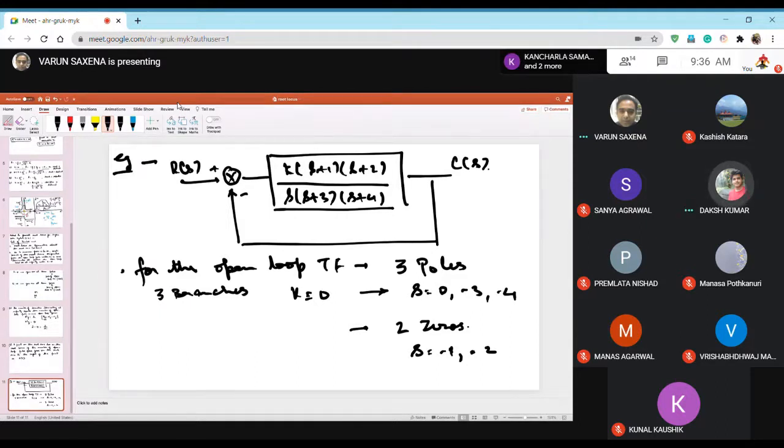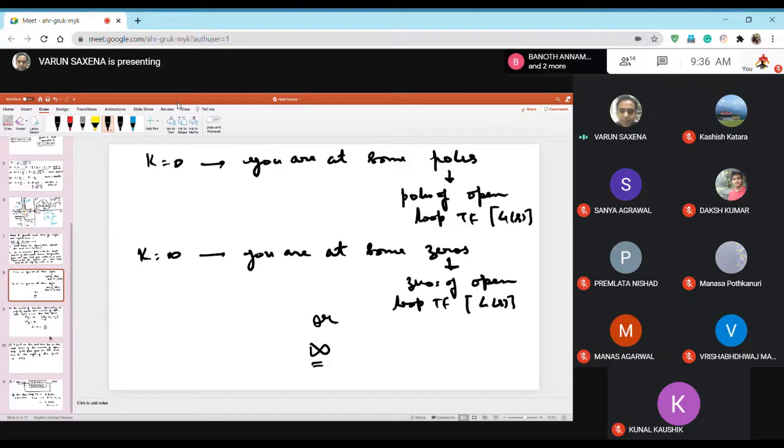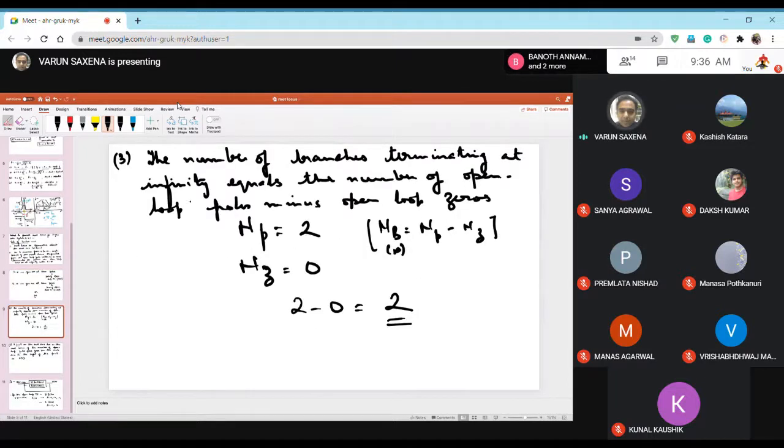The same rule says that the branches of the root locus originate from the open loop poles, marked by K equal to 0, and they terminate either at open loop zeros or at infinity with K equal to infinity. The next point was that the number of branches terminating at infinity equals the number of open loop poles minus the number of open loop zeros.